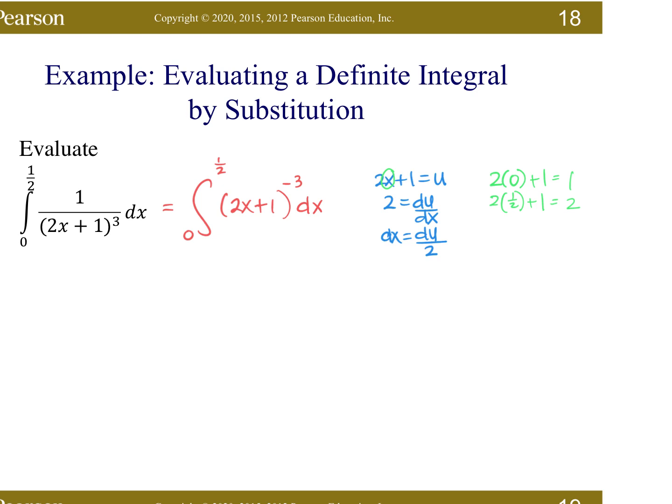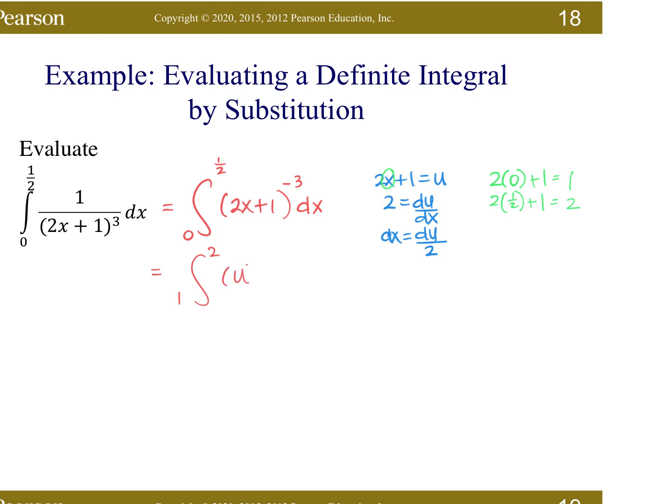So on the x-axis, I'm going from 0 to 1/2. But on the u-axis, I'm going from 1 to 2. And so not only am I switching out the u variable, but I'm also switching my bounds. So we come here, and our bounds are now 1 to 2 instead of 0 to 1/2.